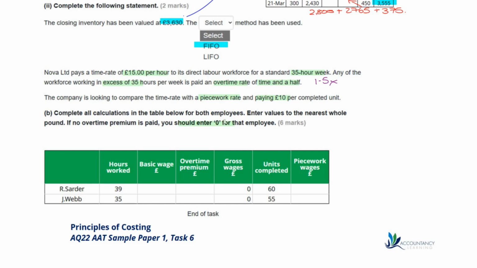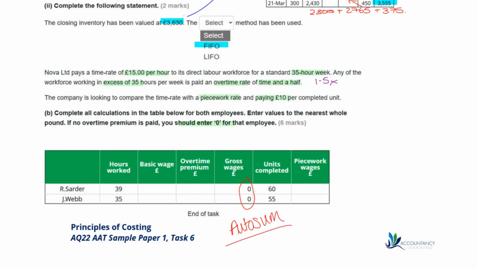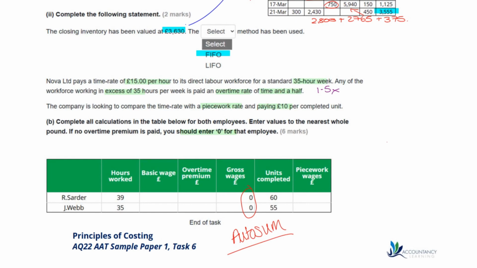So just to point out in this particular question, the gross wages here will auto sum as you enter your answers. So the basic wage, we're told that they're paid £15 per hour for a standard 35-hour week, and anything in excess has an overtime rate of time and a half.